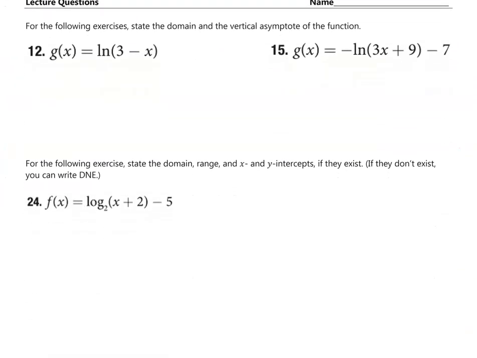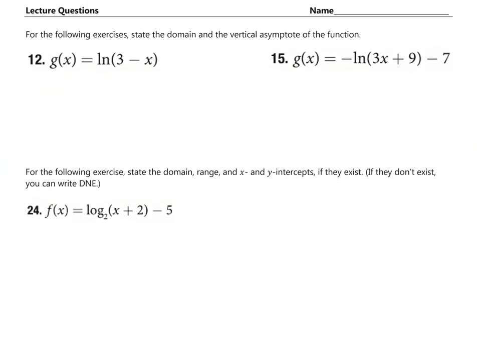And then let's try some problems here. For the following exercises, state the domain and the vertical asymptote of the function. So remember, what we do here is set what's inside of your log or ln greater than 0 and solve for x.